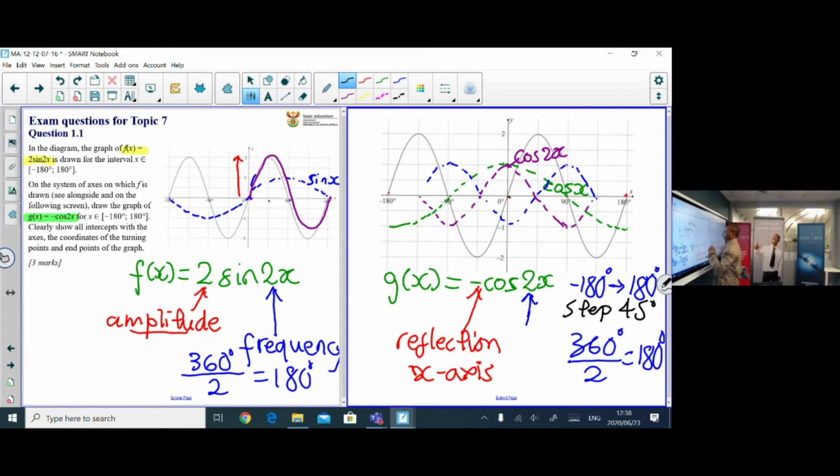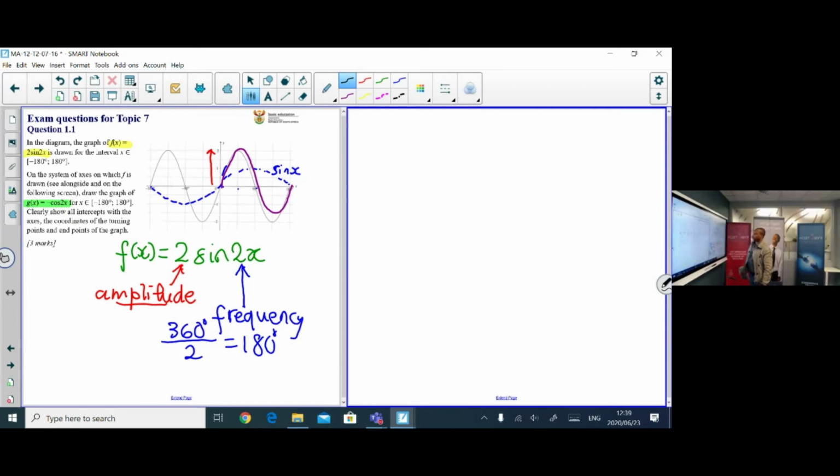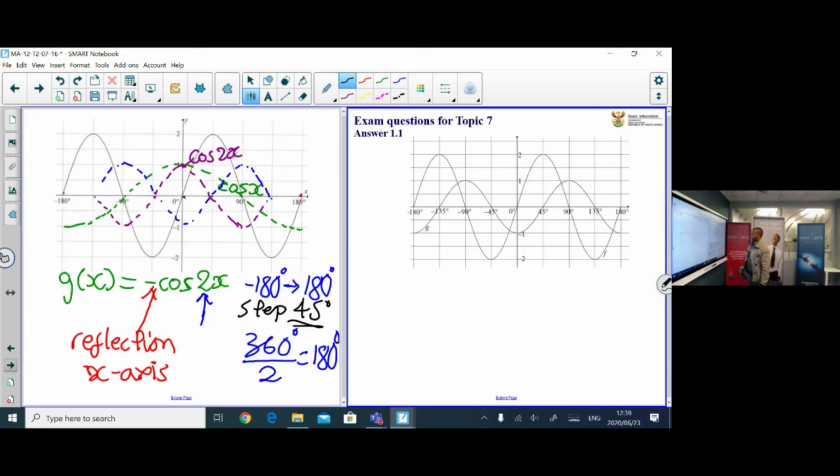From 0 to the next mark, it's 45 degrees or minus 45. So you are going to put 45, and you get different values, and you plot the graph. So either method, you end up with a graph such as this.